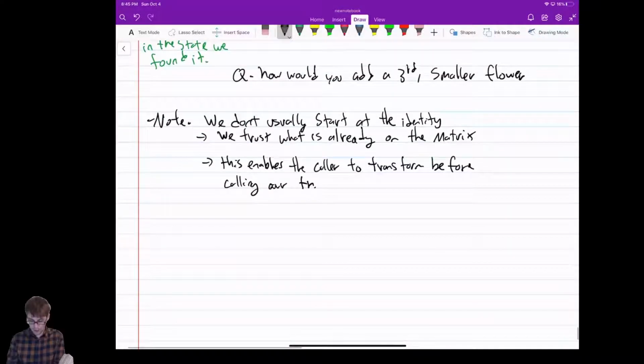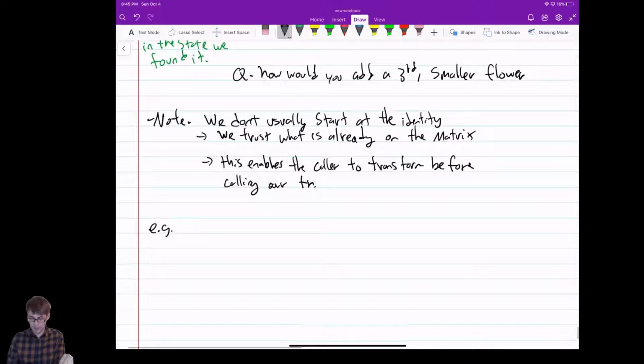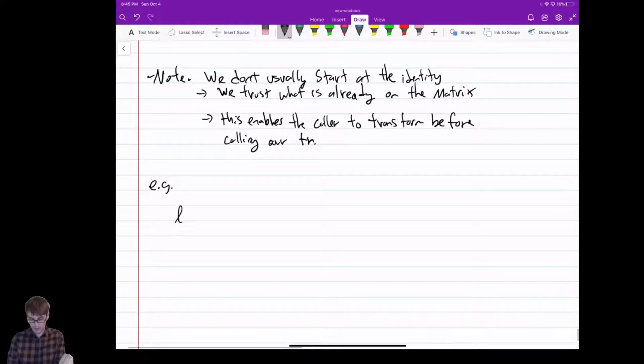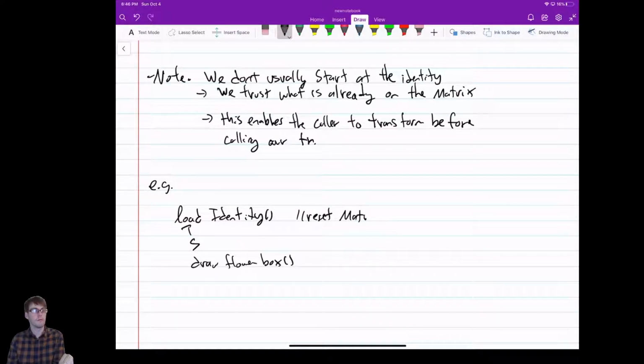Okay, so you can imagine at the very top level then, you might use it like this. Load identity matrix, and then you do your translate, then you do your scale, and then you draw the flower box. Because you might want to draw it a little differently, right? So this resets the matrix, and we move it, make it bigger, and draw it differently.